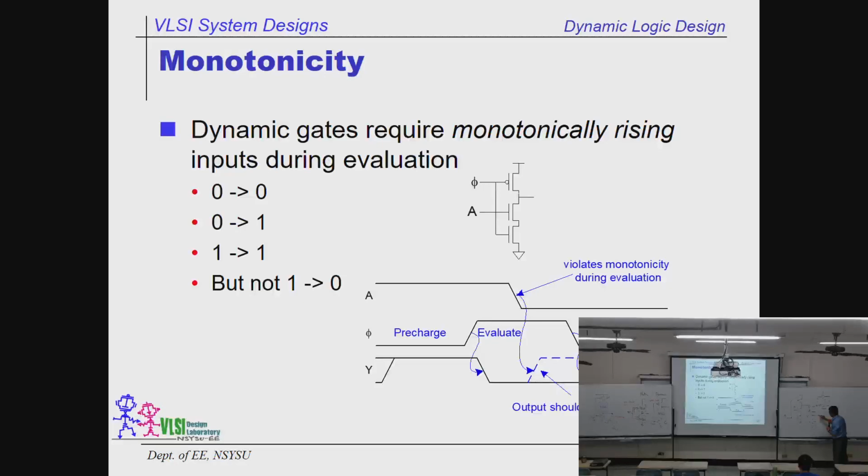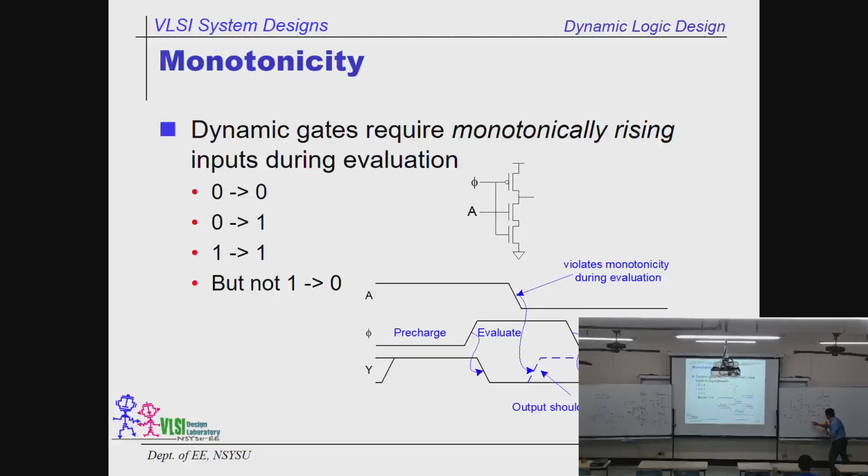So this is a timeline over here. There are 2 possibilities. If A is 1 to 0, this is A. After the rising edge, A suddenly is dropped. I'm sorry, this is the extreme case.